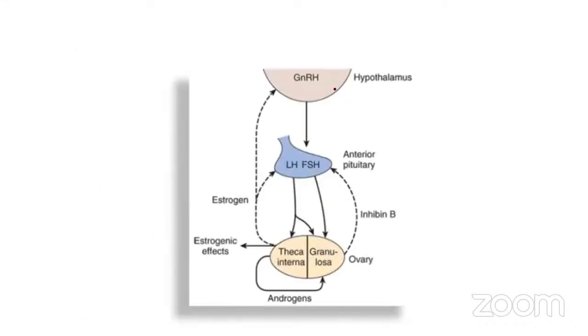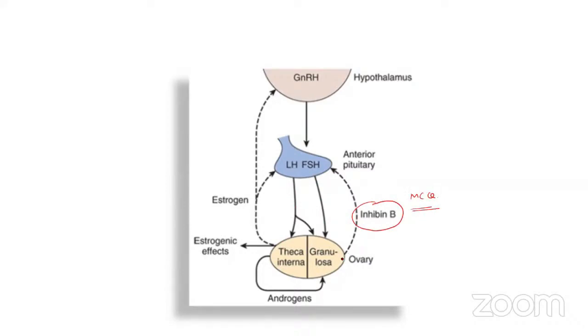This diagram is important. It is the hypothalamic-pituitary-ovarian axis. GnRH is released from the hypothalamus, which increases secretion of LH and FSH. LH acts on the theca cell, FSH acts on the granulosa cell. This one is also important: inhibin B is another important MCQ.